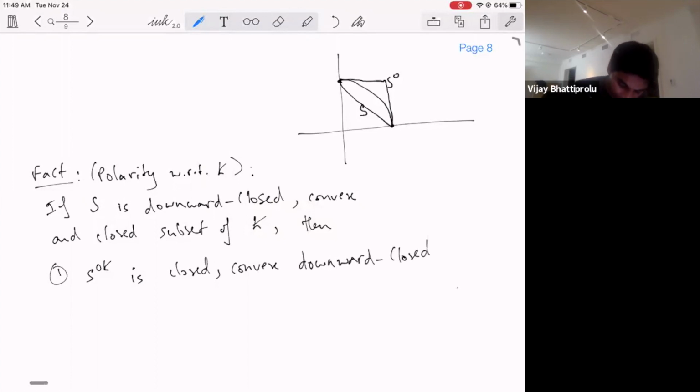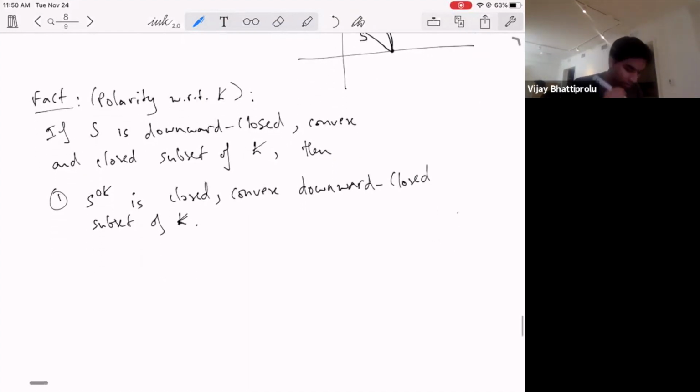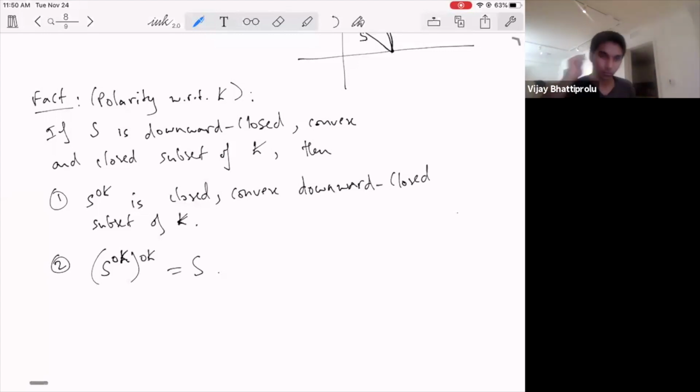And of course, by definition, it's a subset of K. Actually, one is true regardless of the assumption on S, as long as S is a subset of K. And second, and this is where we use the downward closed assumption on S, if we repeat this operation twice, we get back S. So this is a bipolar theorem for conic polar.